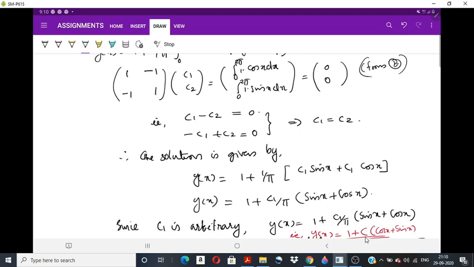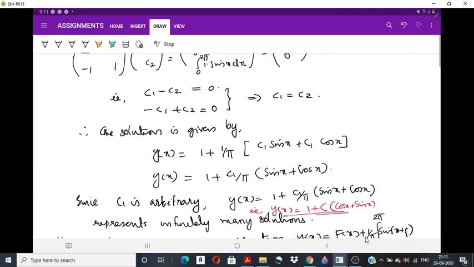Or we can take c1 outside, then c1 by pi into sin x plus cos x, and we can consider c1 by pi as another variable, let it be capital C. So we can have the solution as y of x equal to 1 plus C into cos x plus sin x, that is, f of x plus a multiple of the characteristic function corresponding to the characteristic value 1 by pi.